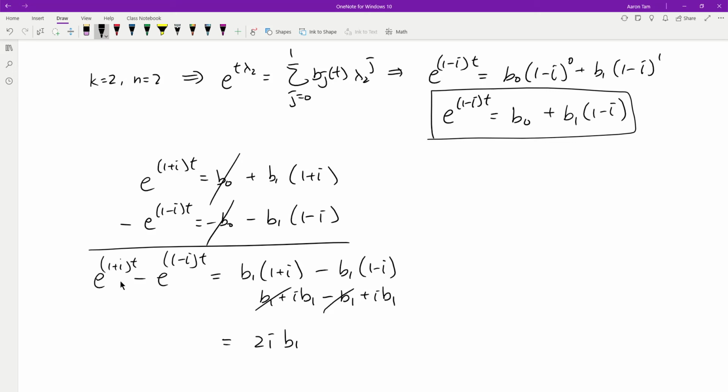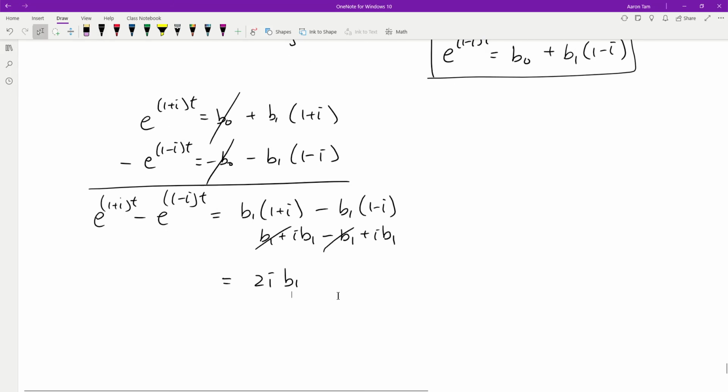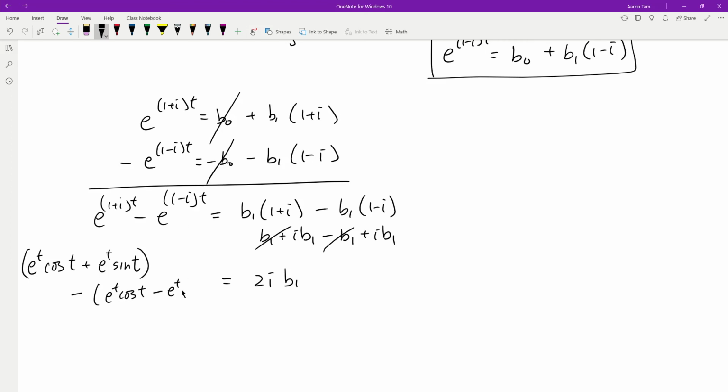On the other side, what would happen to e to 1 plus i t and e to 1 minus i t? Well, I'm going to rewrite them into sine and cosine. So e to 1 plus i t becomes e to the t cosine t plus i e to the t sine t, and minus e to the t cosine t, because of the negative i, minus i e to the t sine t.